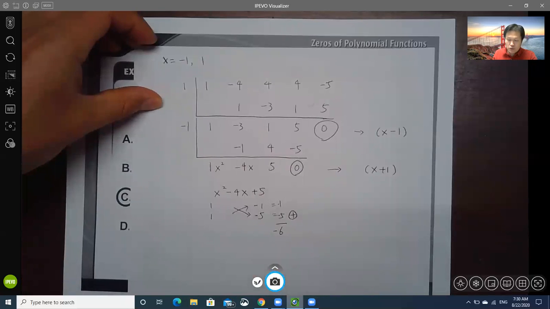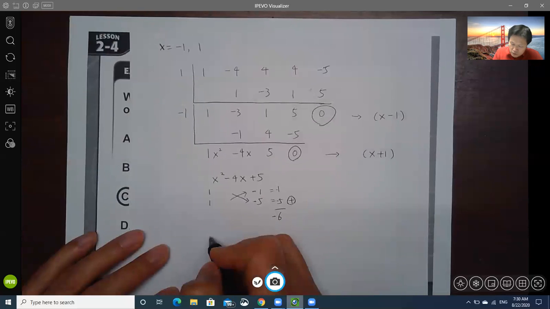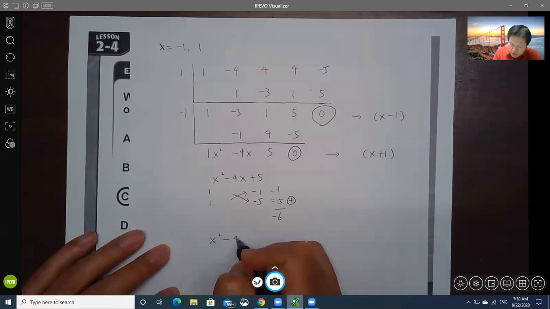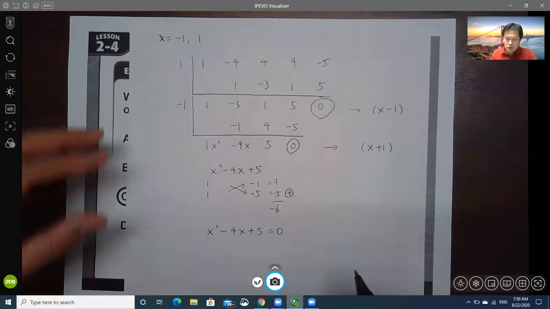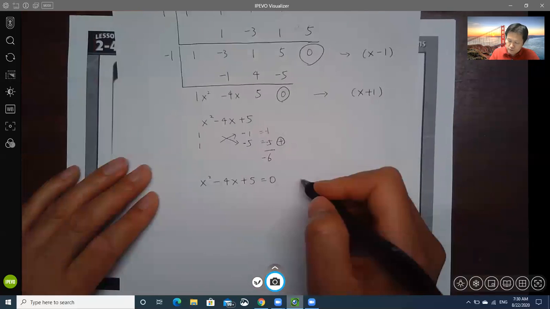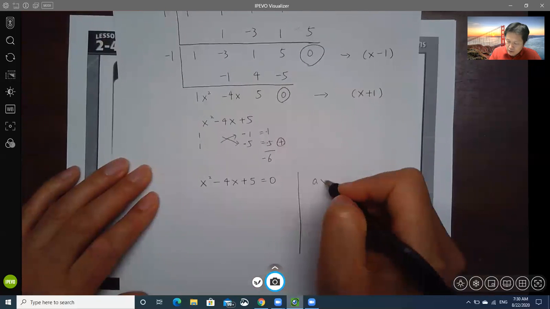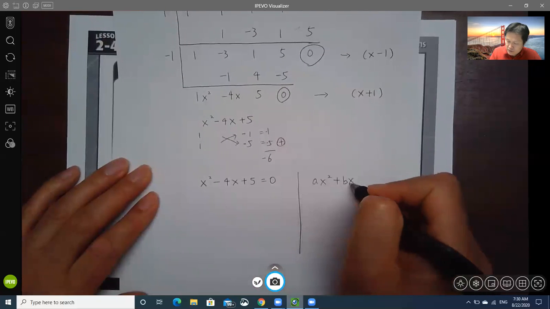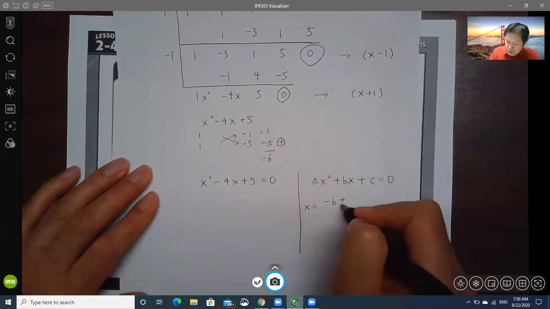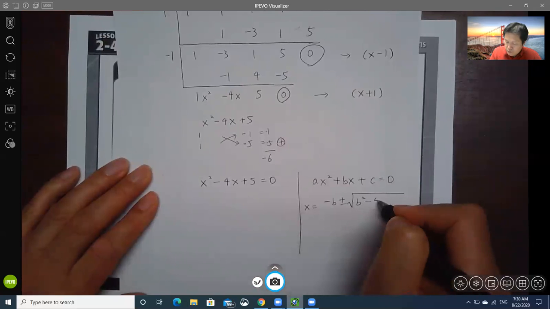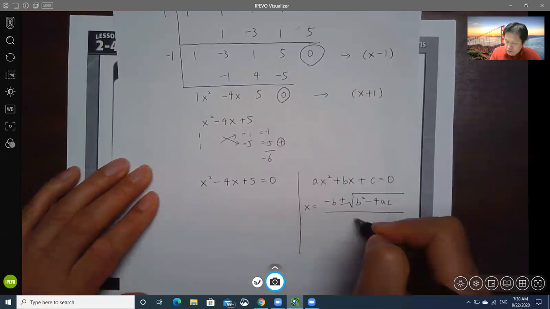So what you can do is use the quadratic formula. So x squared minus 4x plus 5 equal to 0. In case you forgot, for ax squared plus bx plus c equal to 0, x equal to minus b plus or minus the square root of b squared minus 4ac, all over 2 times a.